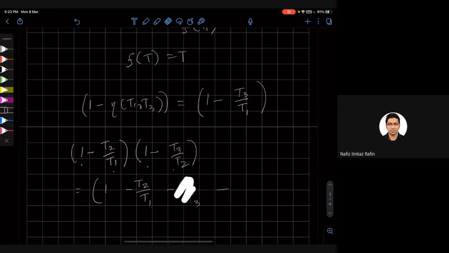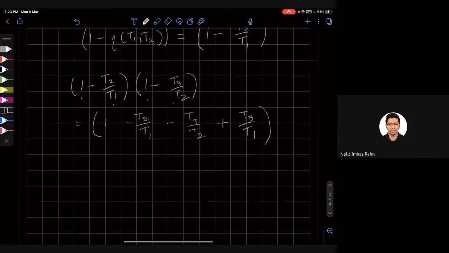And this should be T3 by T2, and this should be plus T3 by T1, right? So, and what is this? This is T1, T2, and so we get T2 squared minus T1, T3. So this should be 0, right?